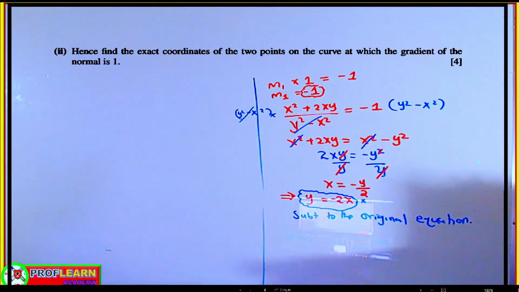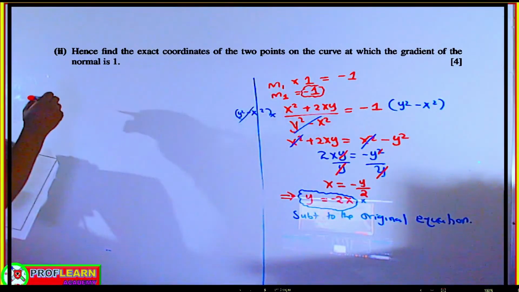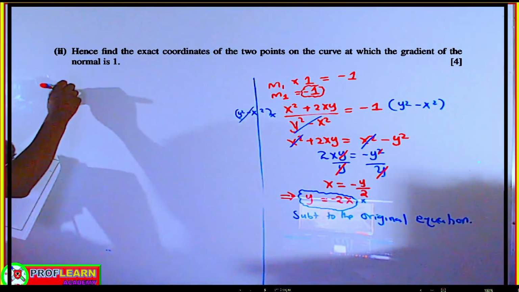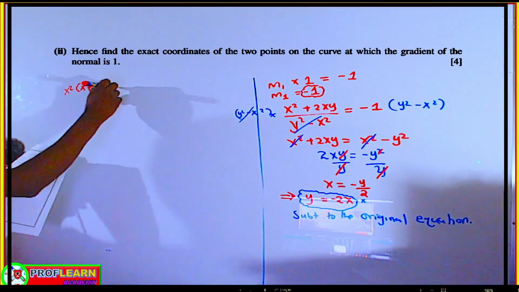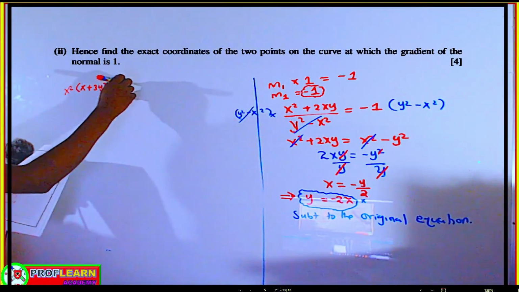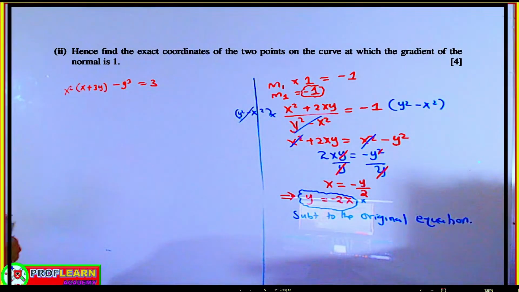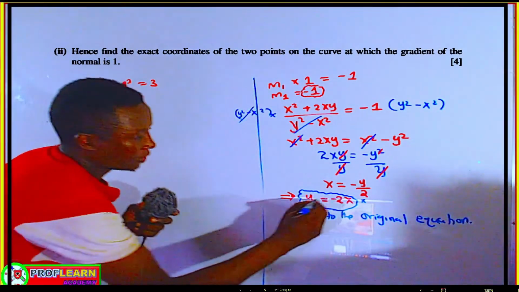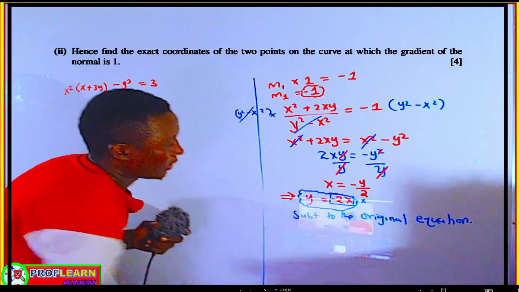Now, remember the original equation that we were given. Let me just write the original equation: x squared into x plus 3y minus y cubed equals 3. This was the original equation that we were given, but we have now said our y is going to be -2x.